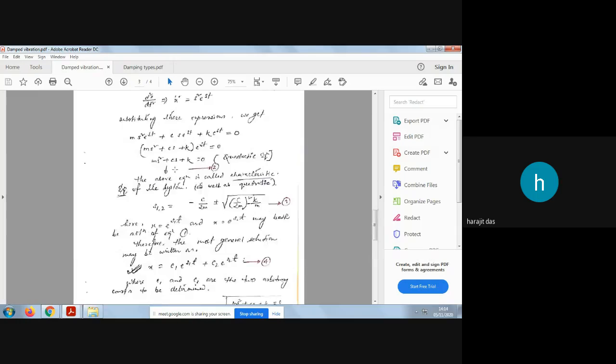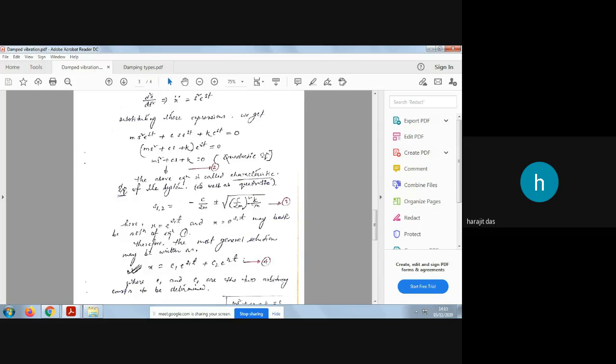See, this radical: c by 2m plus minus under root the term under the root, c by 2m whole square minus k by m. So what is k by m? It is omega n square. For a single degree of freedom system, omega n square equals k by m, isn't it?